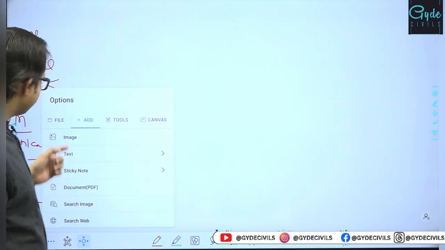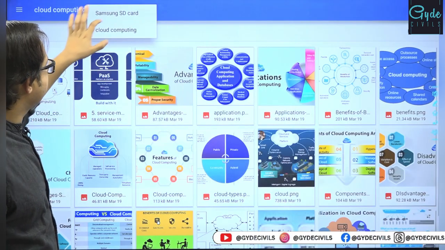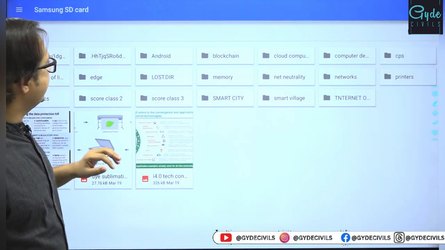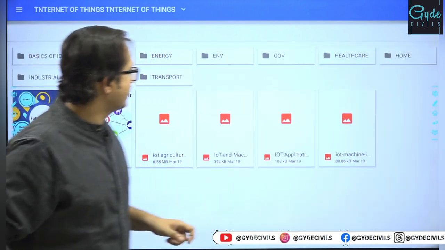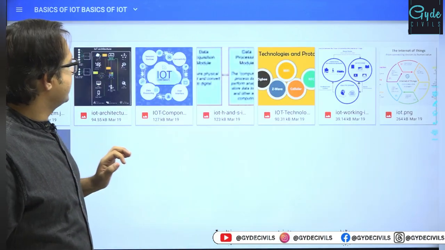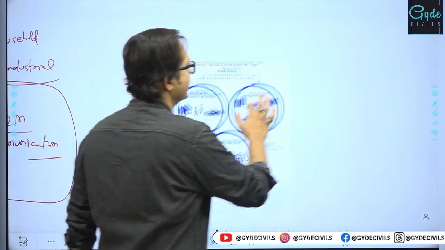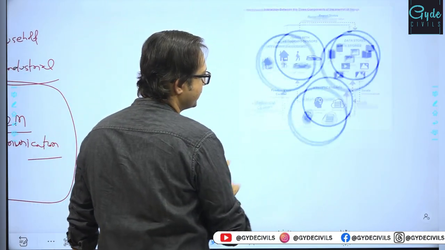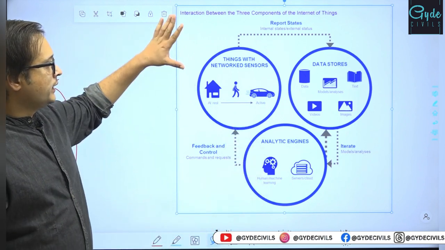The basic components of the Internet of Things, when we try to understand, the Internet of Things has three major components and a constant interaction between them.